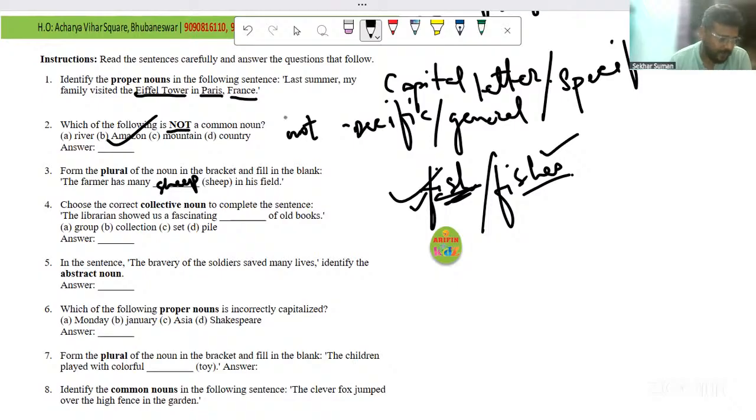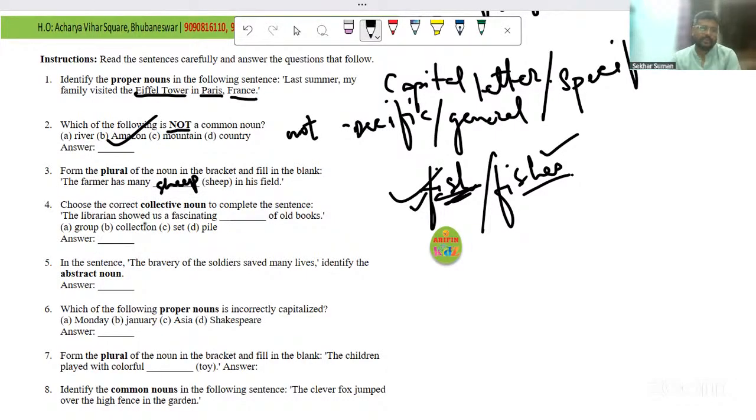Yeah, mostly fish. Okay. Okay, many are writing librarian, collection, pile, set, pile. The librarian showed us a fascinating dash of old books.